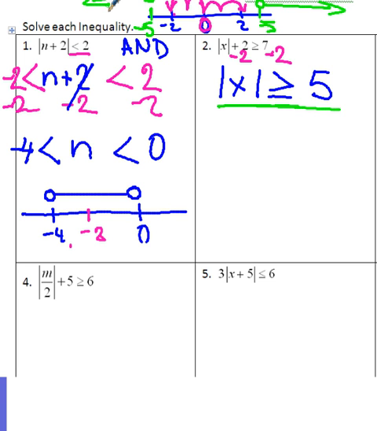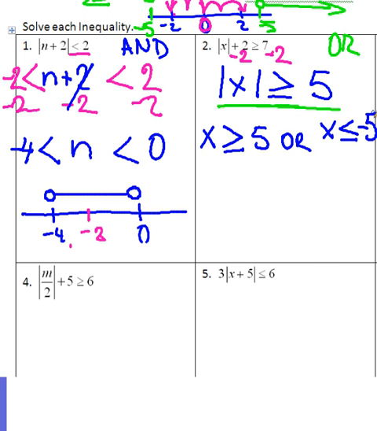This is an OR statement, and we have to write it as 2 different inequalities. So either x, and I just copy this ignoring the absolute value symbol, x is greater or equal to 5, or, and now I copy it again, but I will flip the sign. It's going to be less than or equal to, and then put negative instead of this positive, -5.